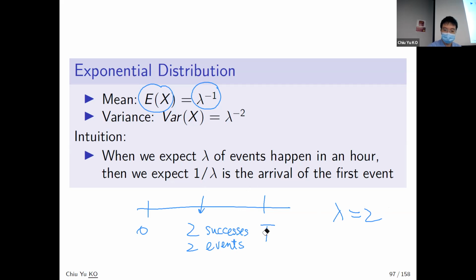Maybe the easiest is, within 1 hour, you have 2 events happen. So what is the first time you get an event?